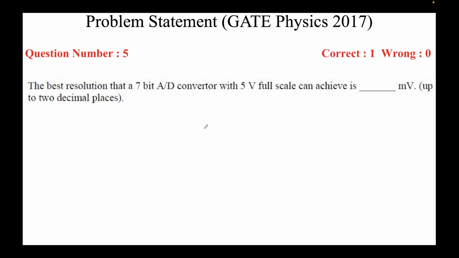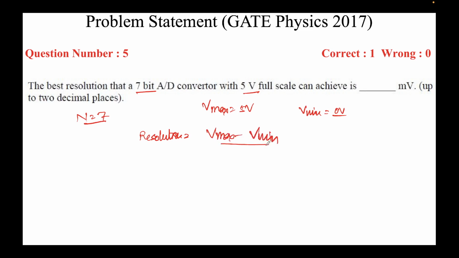Now we can come back to our question. In this question we were given n equal to 7, because it's a 7-bit A to D converter, and we also know that Vmax is 5 volts. Vmin we don't know, so we'll simply assume it to be 0, and we'll put in the formula for resolution. Resolution is Vmax minus Vmin divided by 2 raised to the power n minus 1.